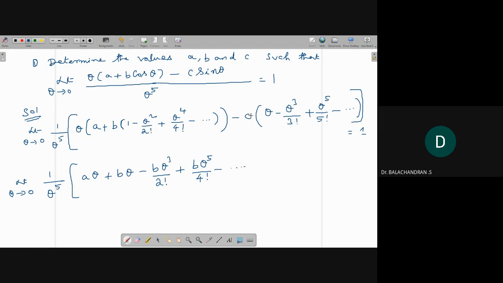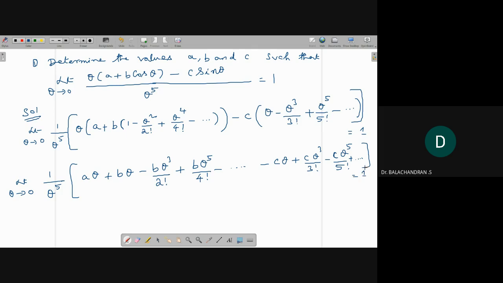And then here the term is minus C theta plus C theta cube by 3 factorial, and then minus C into theta power 5 by 5 factorial, and then plus and so on, which is equal to 1.